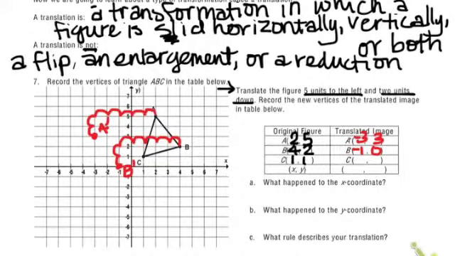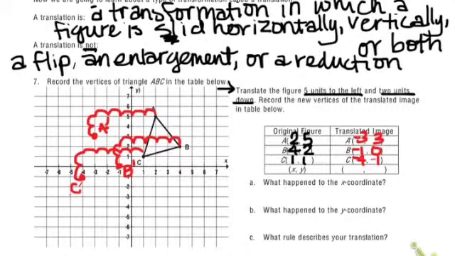Our last one, C, 5 units to the left, 1, 2, 3, 4, 5, and then 2 units down, 1, 2. And so our coordinates for point C prime are over -4 and down 1, so -4, -1.